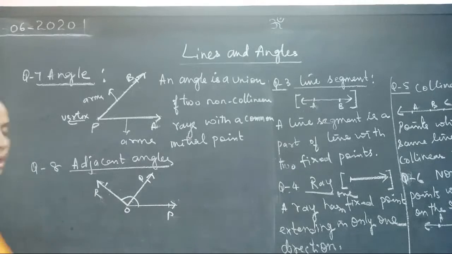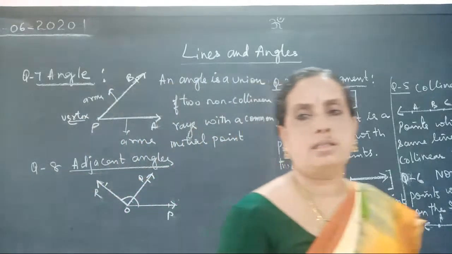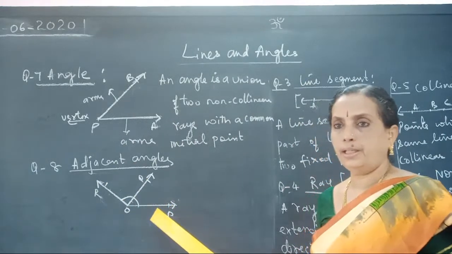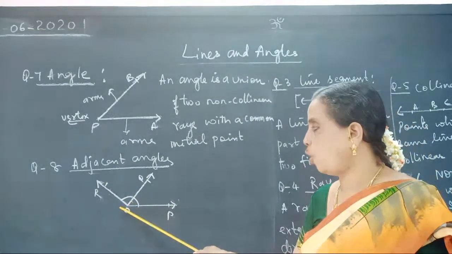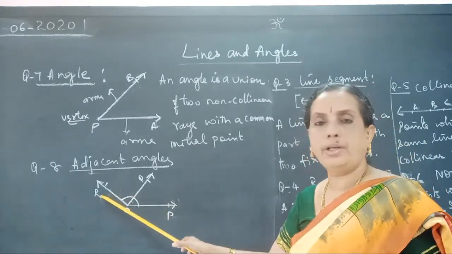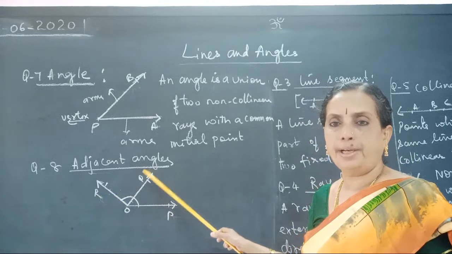So we define adjacent angles: they have a common initial point with non-common rays and a common ray in between.